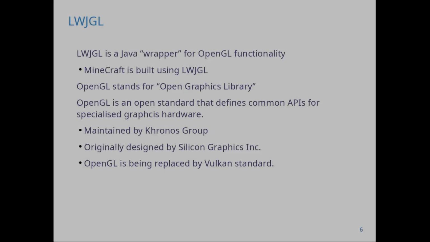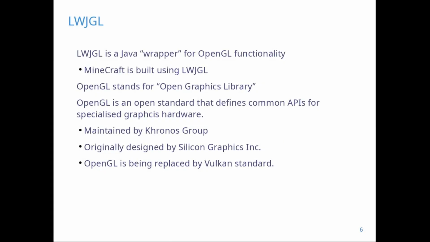What exactly is this LWJGL, which is the backend for desktop games written with LibGDX? It is basically a fairly thin wrapper of OpenGL functions. OpenGL stands for Open Graphics Library. It's an open standard maintained by the Khronos Group.